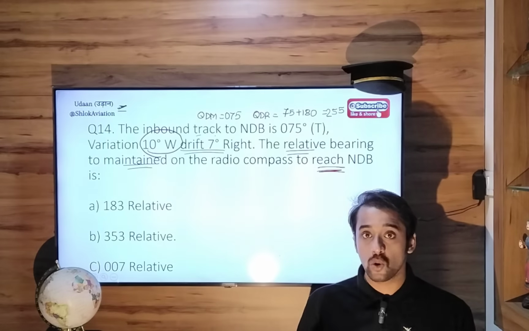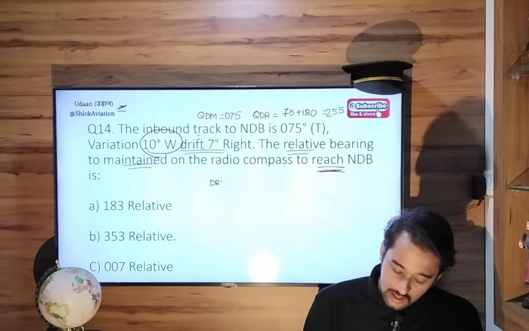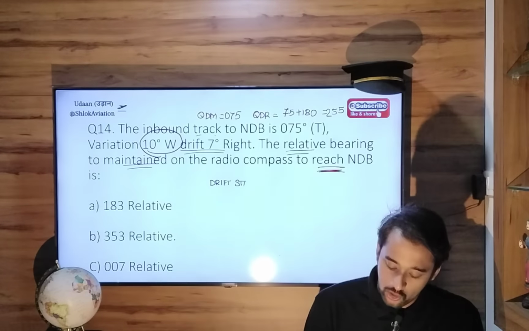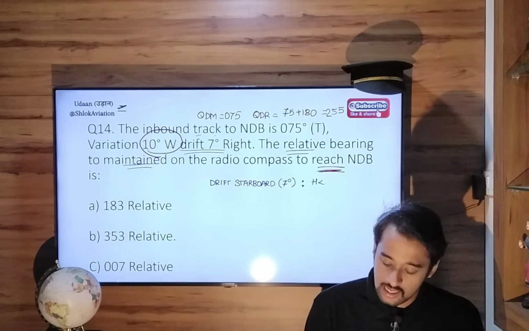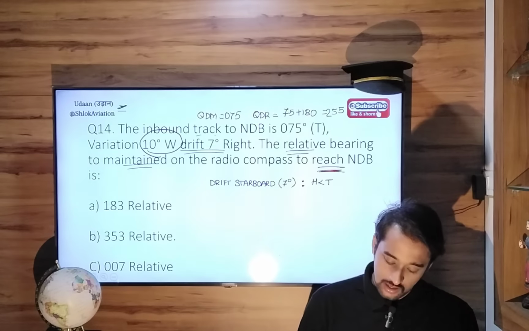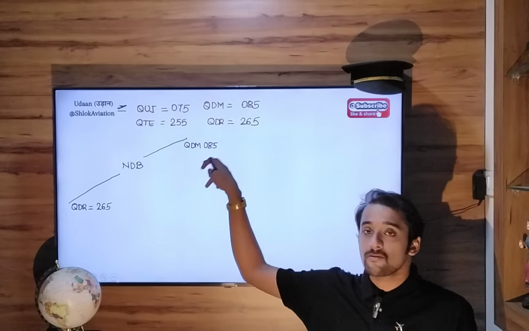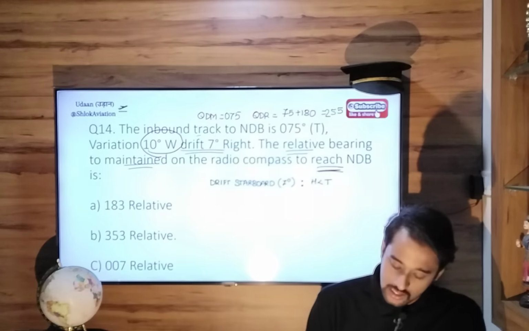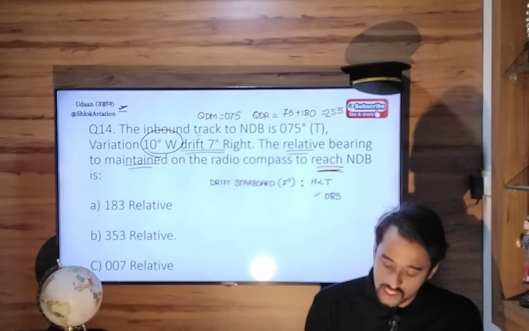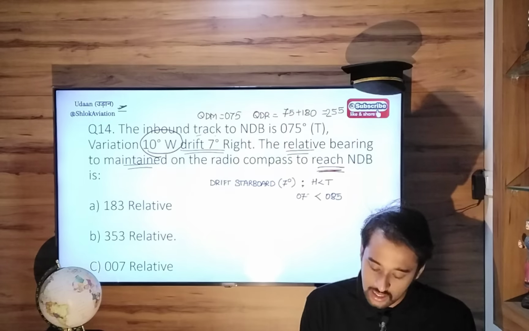You have to approach the station, right? Drift is 7 degrees right. If drift is starboard 7 degrees, your heading will be less than track. Okay. So what is track? You're going inbound, so inbound track is 085. So heading will be less than track: 85 minus 7, which is 078.